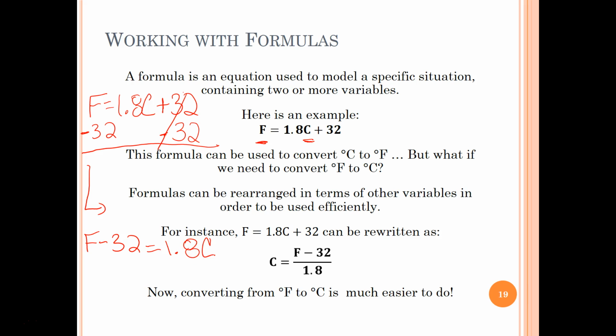Now the last step, notice I can't combine these guys. This doesn't become negative 31F. They're not like terms. Next step, I want to get that C completely by itself, so I'm going to divide both sides by 1.8. And there's our answer. C equals F minus 32 over 1.8.